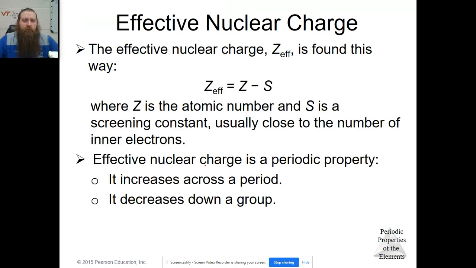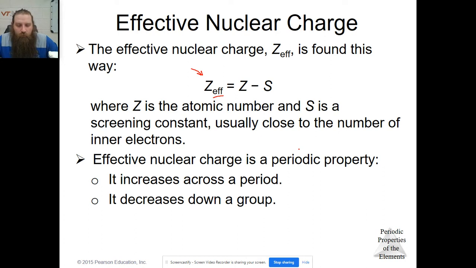Now we can calculate effective nuclear charge with this little formula right here: Z effective, the effective number of protons, is Z minus S. Remember, Z is the atomic number, or number of protons. S is what we call the screening constant, and usually for us, we can just use that as the number of inner electrons.